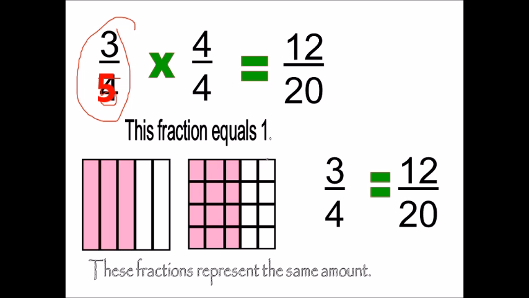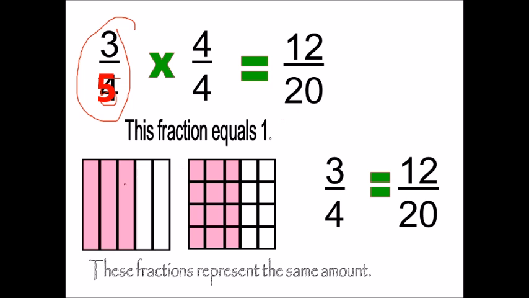Now we have here 12 over 20, a rectangle that is cut into 20 equal parts, and 12 parts are shaded, so therefore we have 12 over 20.